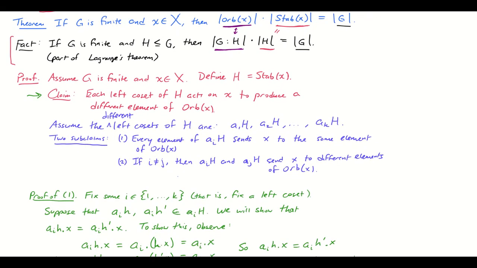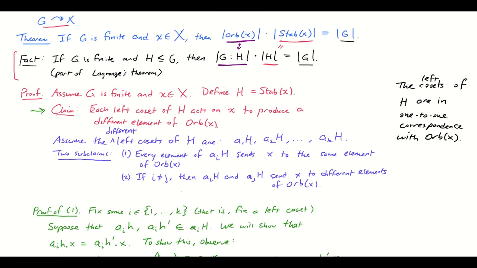So here's the wrap-up of the argument. The left cosets of H are in one-to-one correspondence with the orbit of X, that is, with elements of the orbit of X. So that means that the number of cosets, which is, again, the index of H in G, is equal to the number of elements in the orbit of X. The number of elements in H is the same as the number of elements in the stabilizer of X because, well, that's what H was.